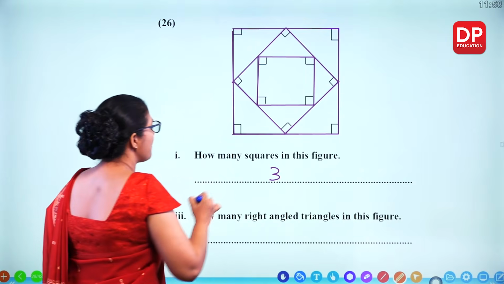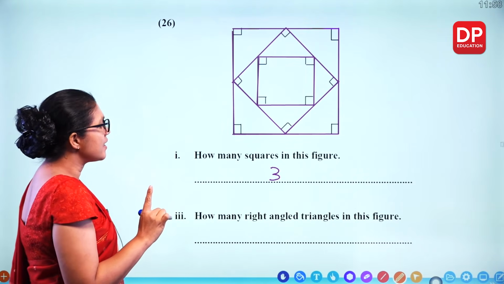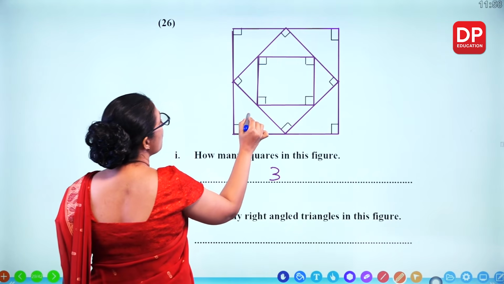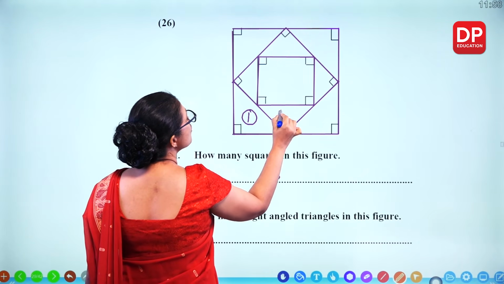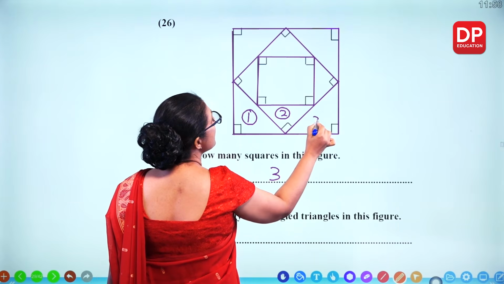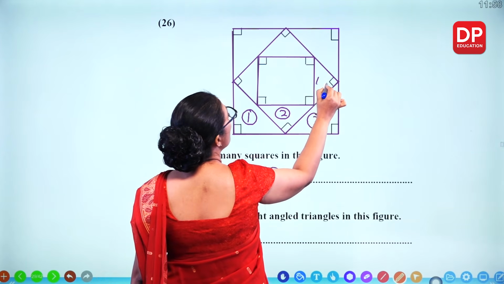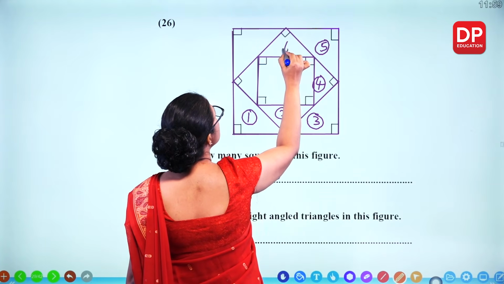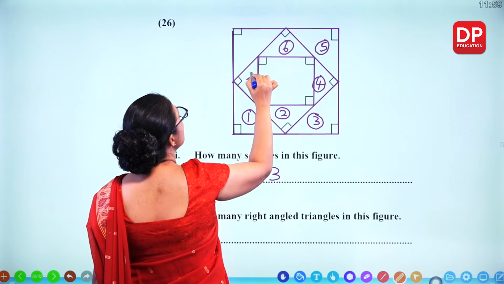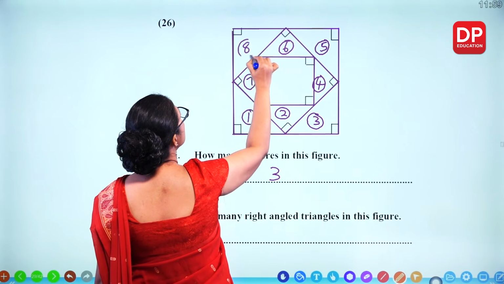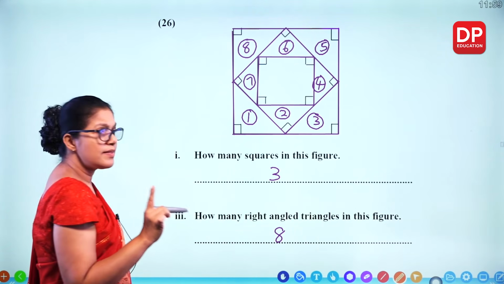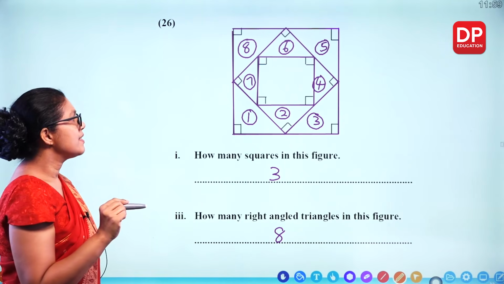How many right angle triangles in this figure? We'll count. 1, 2, 3, 4, 5, 6 right angle triangles. Right angle means one angle is 90 degrees.